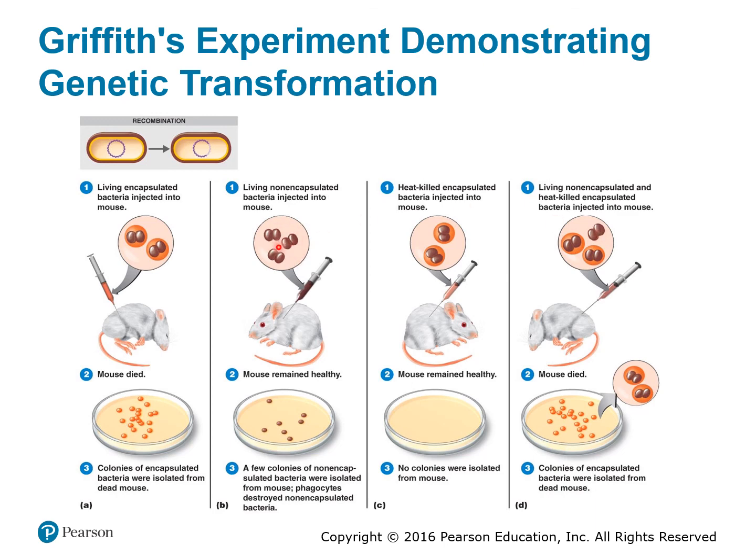Remember, the non-encapsulated ones did not kill the mouse and didn't cause disease. And at the same time they also injected the mouse with the heat-killed encapsulated bacteria. Even though those bacteria are killed, they still have their DNA. And what ended up happening is the mouse died. That was definitely a surprise, because why did the mouse die?